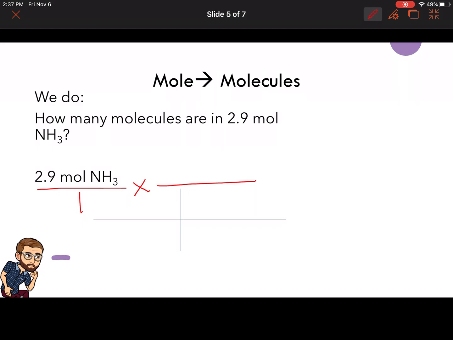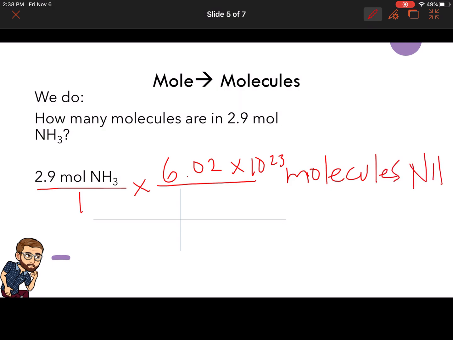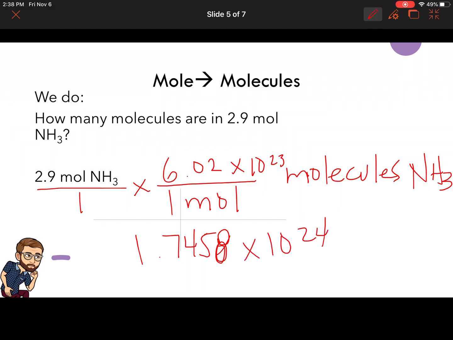I'm going to put my conversion factor on top, 6.02 times 10 to the 23rd molecules of ammonia, NH3, the junk you clean with that smells really bad, is equal to 1 mole. And if I do that in my calculator, I get 1.7458 times 10 to the 24th molecules.